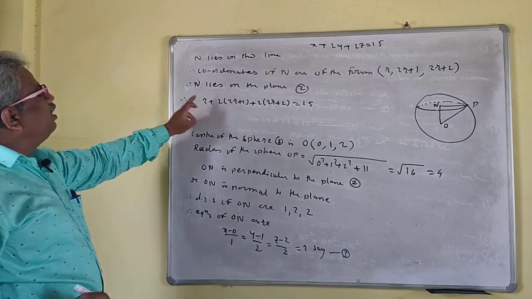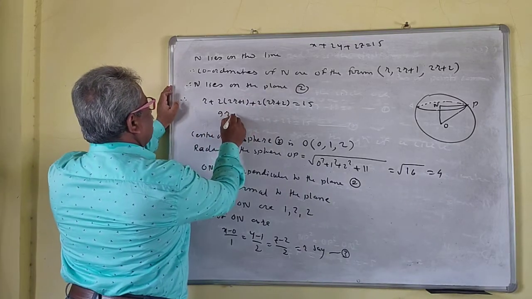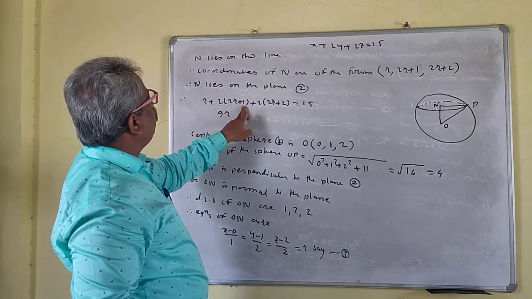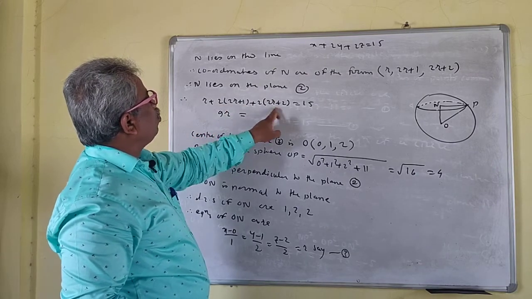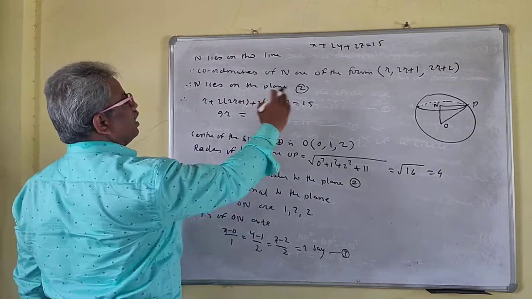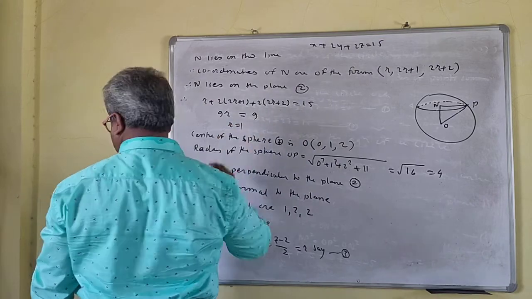So how many r are there? This is r, 4r, 4r, so 9r. So 9r is equal to how many constants? This is 2, 4. This is 4 plus 2 is 6. Okay, 15 minus 6 is 9. So r is equal to 1.